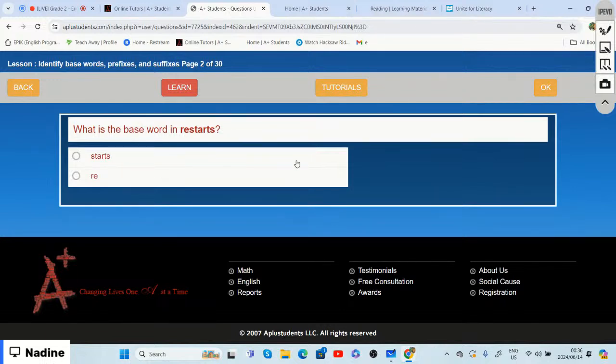We need to identify the base word. What is the base word? The word that can stand on its own in restarts. Restarts. Is it starts, which is our base word, or is re a base word? Remember, a base word is a word that can stand on its own.